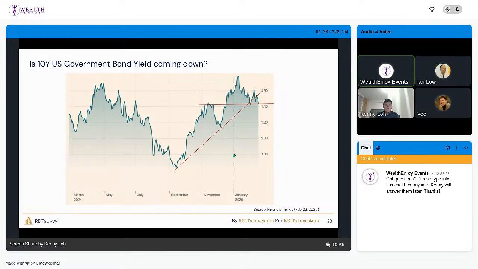But he gave us a very good glimpse of what will happen when the US interest rate drops. The REITs, I cannot say definitely, but very likely will recover. So now is a pretty good time to do some bargain shopping for REITs, right?